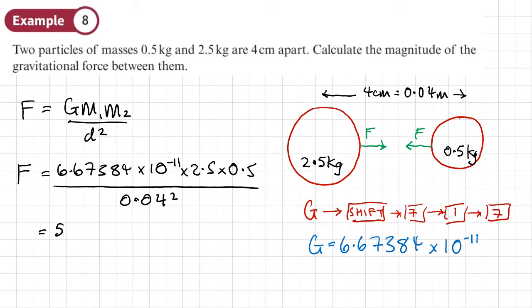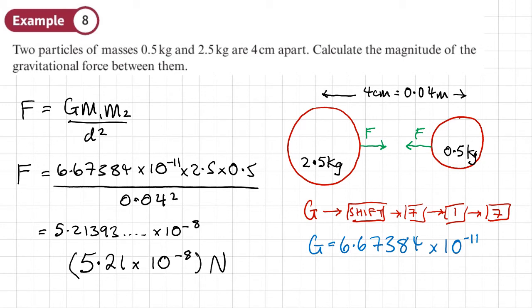Right, so I get 5.2139375 times 10 to the negative 8. To 3 significant figures that is 5.21 times 10 to the power negative 8, and that's going to be newtons because it's a force. So there is a gravitational force between these two objects, but it's very, very small.